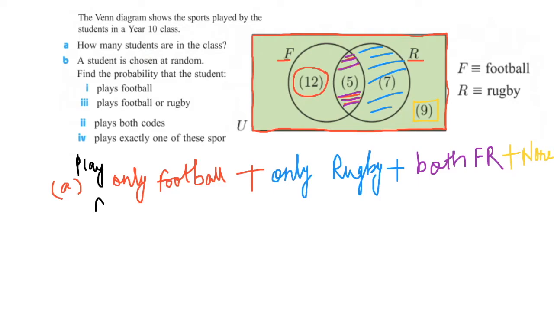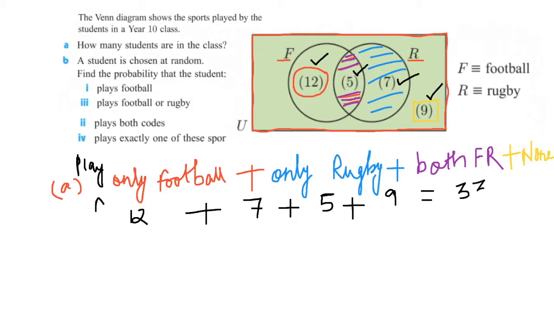So now only football, if we check from the Venn diagram, 12 students play only football, plus only rugby I have 7 students, plus both football and rugby 5 students, plus none of the sports 9. And when I find this total, it will be 33. So 33 shows the total number of students in year 10 class, or it is our sample space, or these are the total possible outcomes.